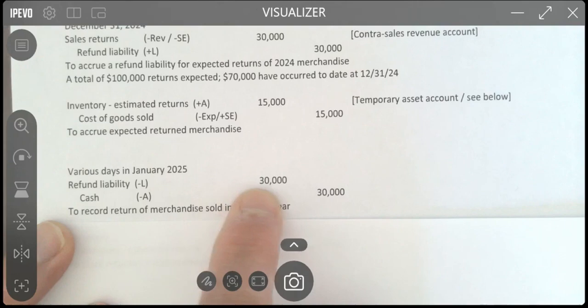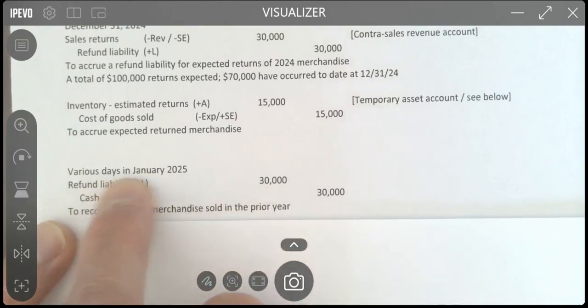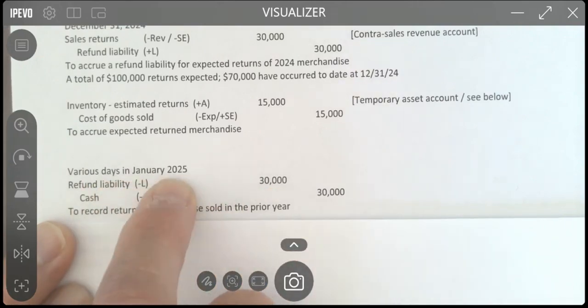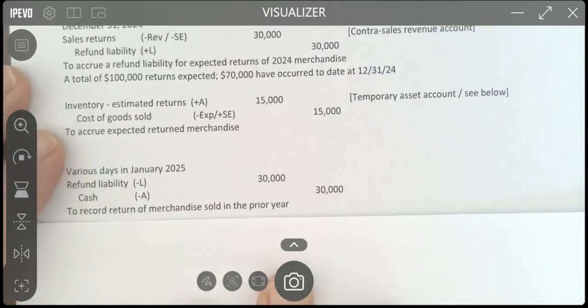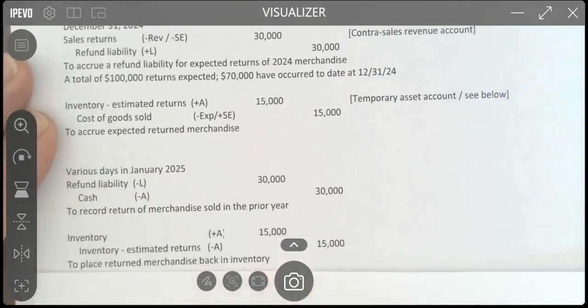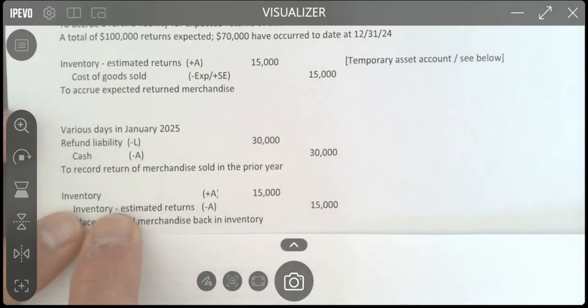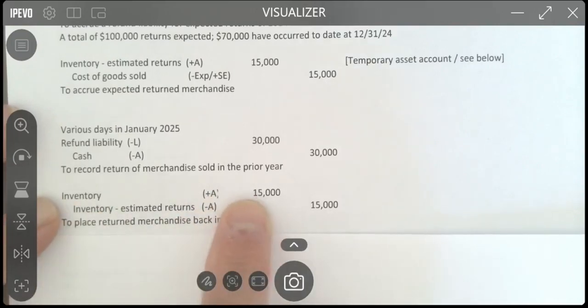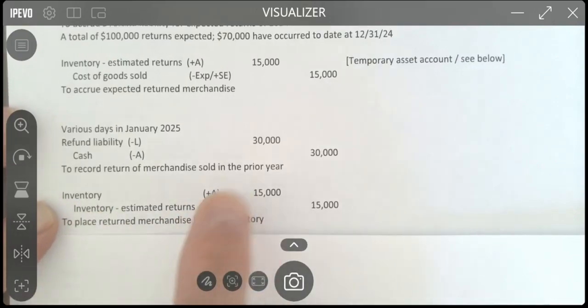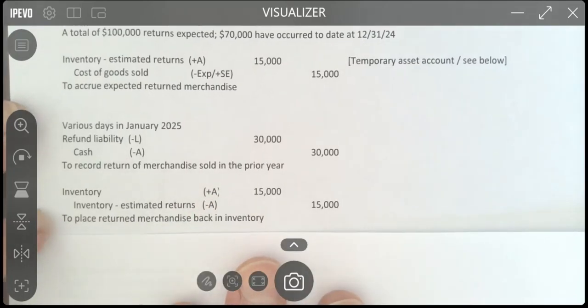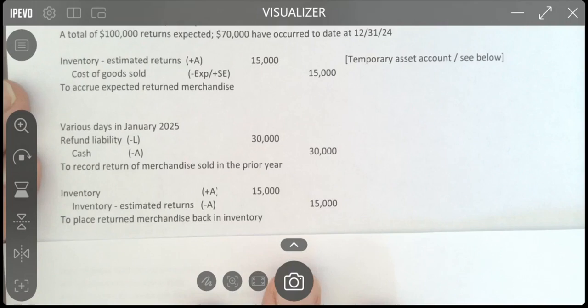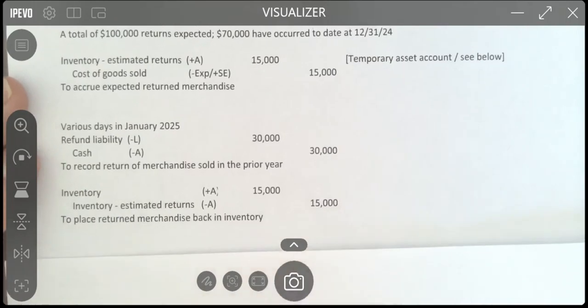And of course, this was various days, so I don't have a date up here because it's January 2, January 3, January 4, etc. And then we go ahead and zero out the inventory account for estimated returns because now it's actually inventory. So this entry is a reduction of an asset and an increase of an asset, the inventory asset. So total net inventory didn't change a bit.